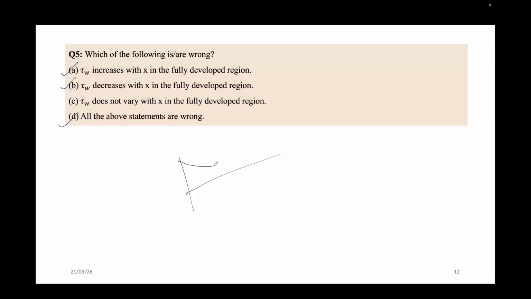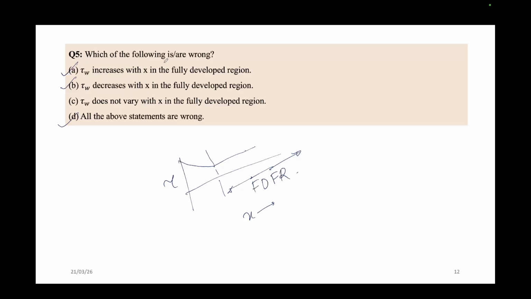We also know that this is the fully developed flow region. This is your tau. This is X. So in this fully developed flow region, no changes in tau are observed, so there should not be any increase.